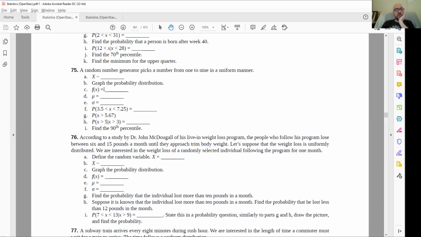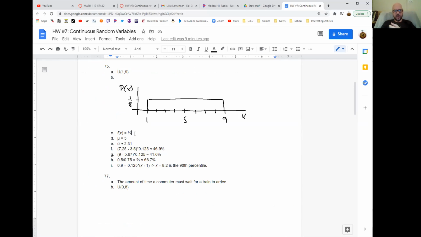I just said that f of x was 1/8. I probably should actually have said something like this. So f of x is 1/8, but with the domain restriction that x is between 1 and 9, right? 1 less than x less than 9.